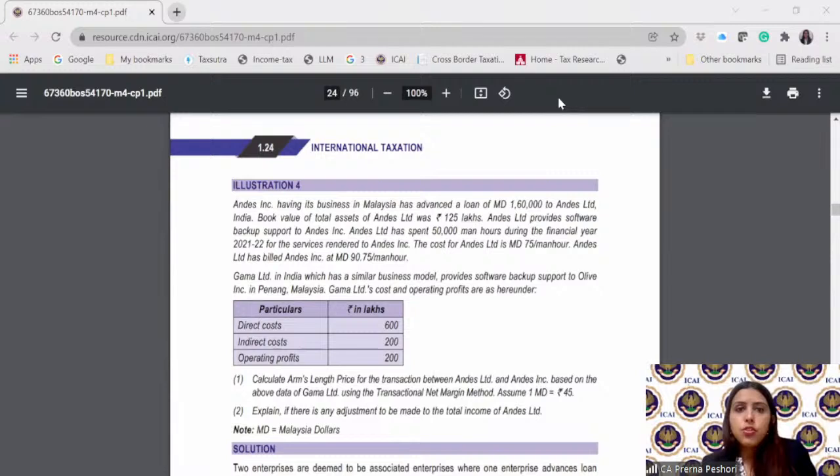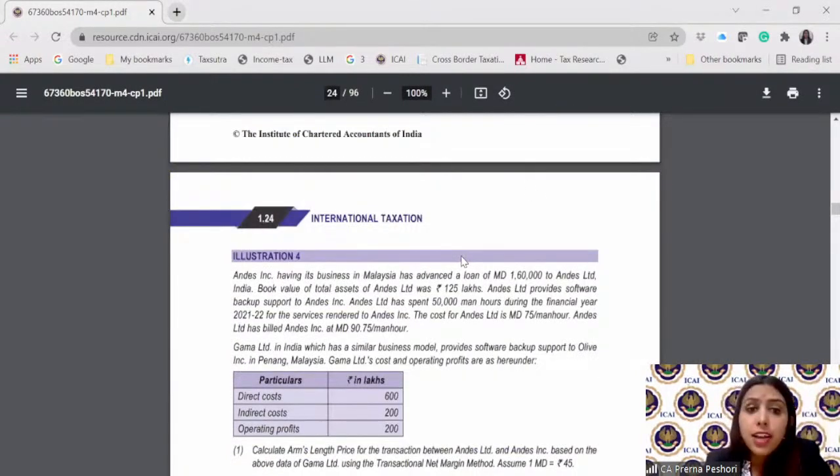Very simple question. But first of all, you need to write in this question that Endis INC has advanced a loan of 1,60,000 Malaysian dollar, right? And the book value of Endis Limited was 125 lakhs. So 1,60,000 is in Malaysian dollar. You need to convert it into Indian rupees to see if they are associated enterprises or not.